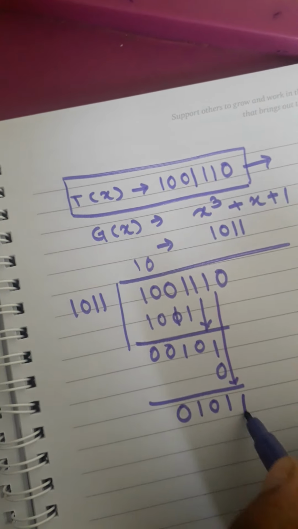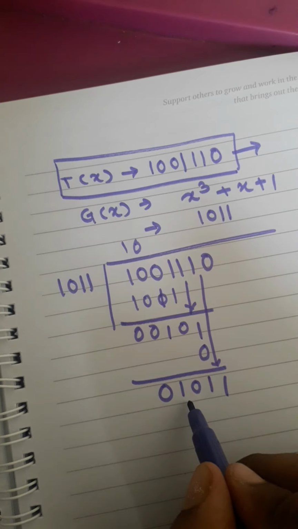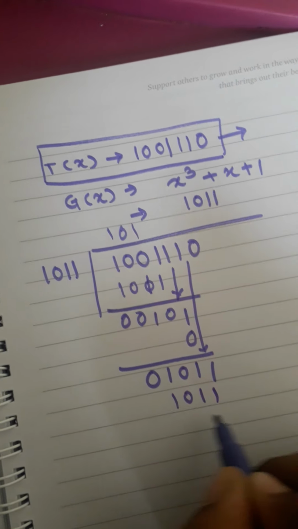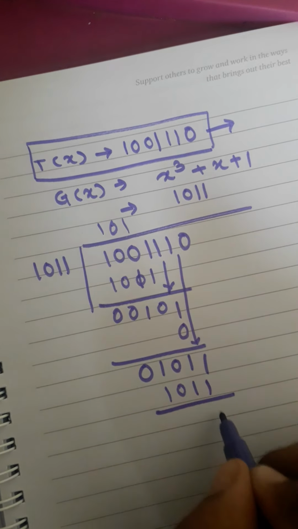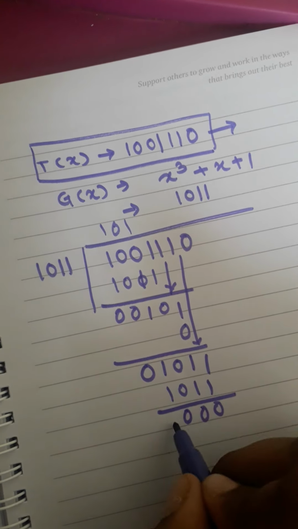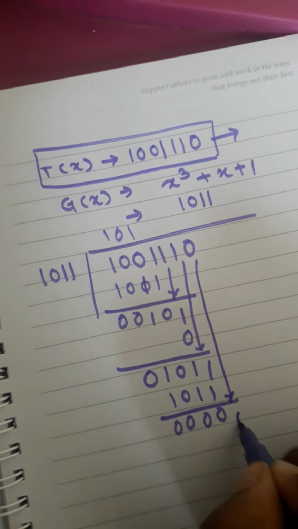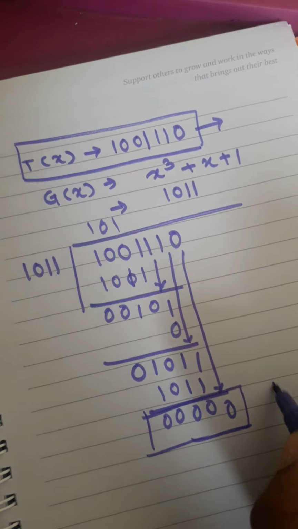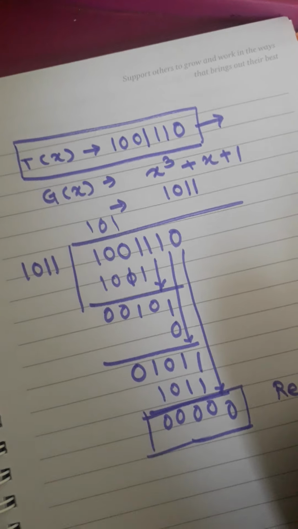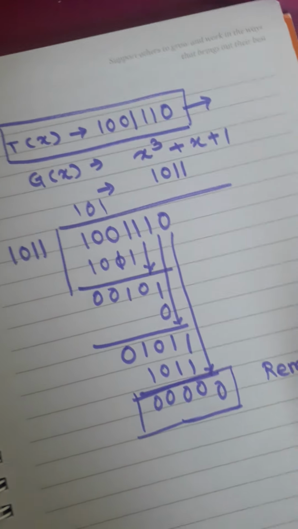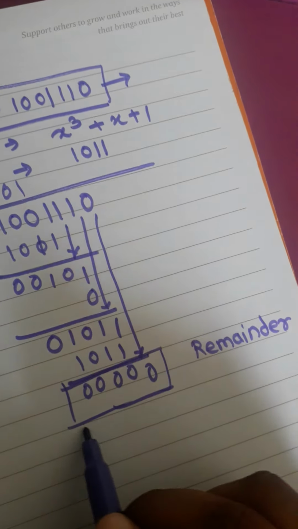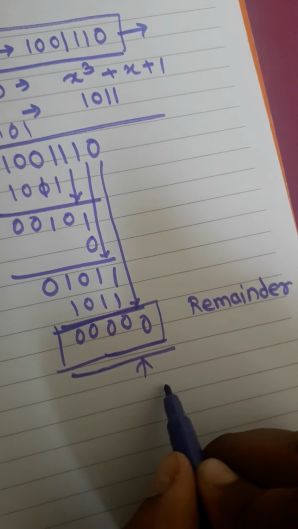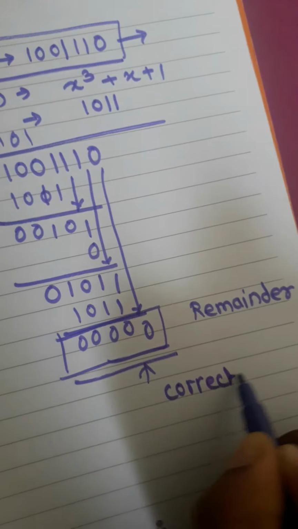Take this one here, right? The first bit is 1, so we can go with 1011, right? 110, 110, 0, 0, 0. Take this 0 here, this is all 0. If the final remainder at the receiver side is all zeros, that means the receiver has received the correct data frame.